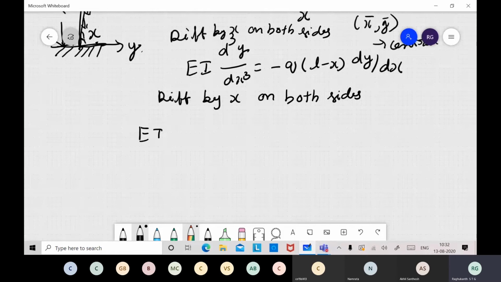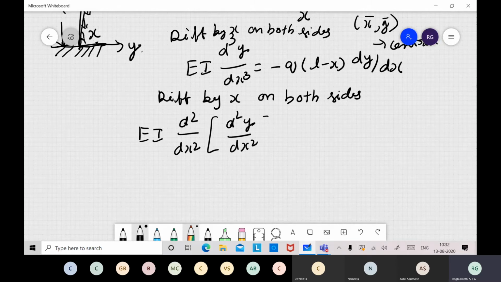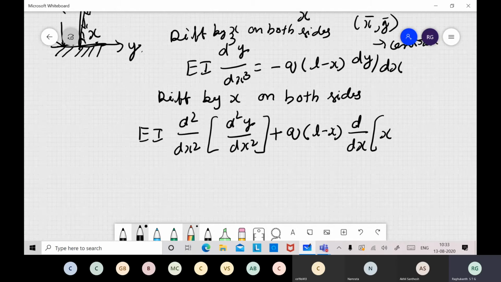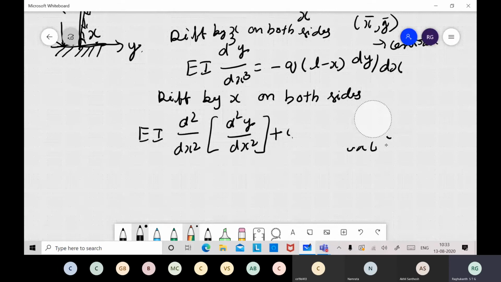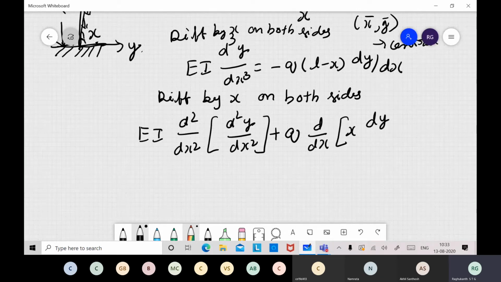So EI d to the power of 4 y by dx to the power of 4, or d square by dx square of EI d square y by dx square, plus q, which you can bring to this side, d by dx of (L minus x) dy by dx.